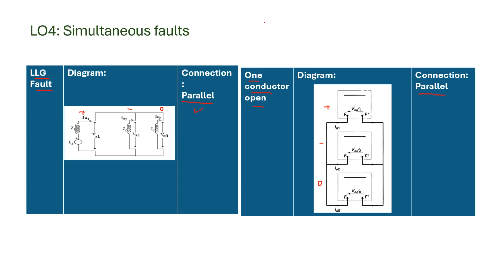So we have this combination: for LG and two conductor open, the networks are connected in series, and for LLG and one conductor open, the networks are connected in parallel. This is to be noted in this prerequisite.